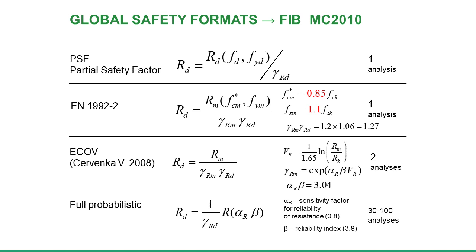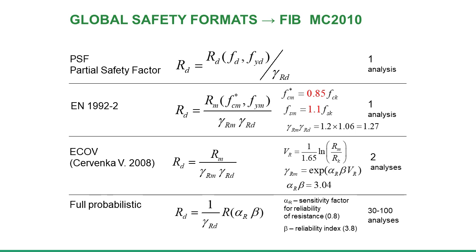The first one, which I call PSF, or partial safety factor method, is a kind of natural extension of how the engineers are working today. In this analysis, we make a nonlinear analysis, and in this nonlinear analysis, we use the design material parameters. That means the material parameters which are multiplied by the design factors, I mean, by the partial safety factors.